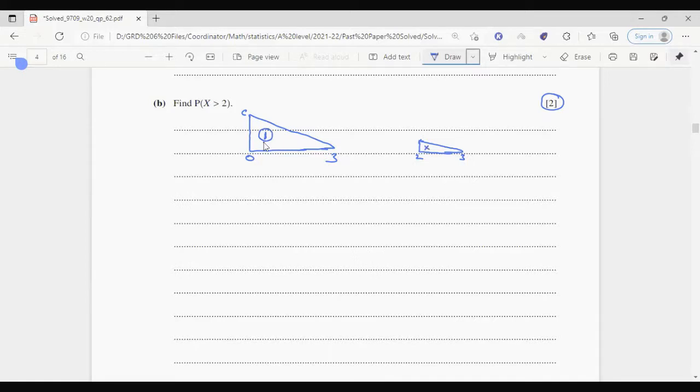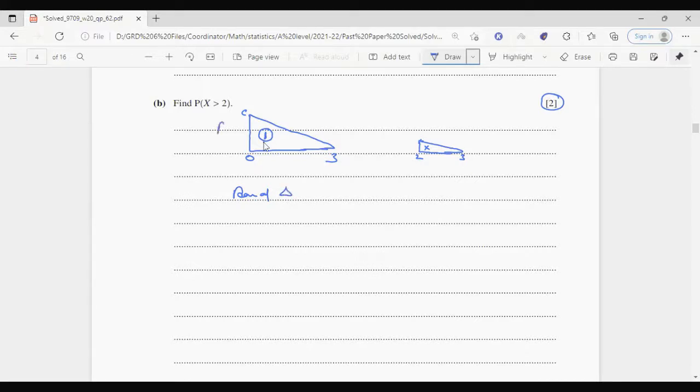So this happens to be similar triangles, and as we know, the ratio of their areas will be the square of the ratio of their sides. So let's move on to do that.